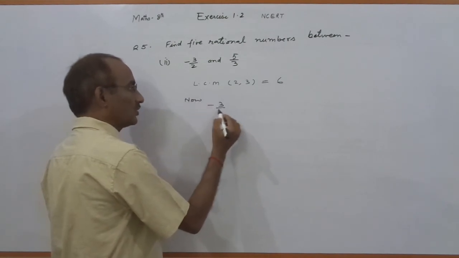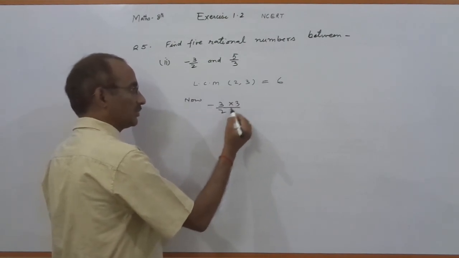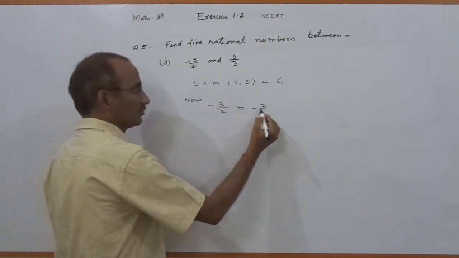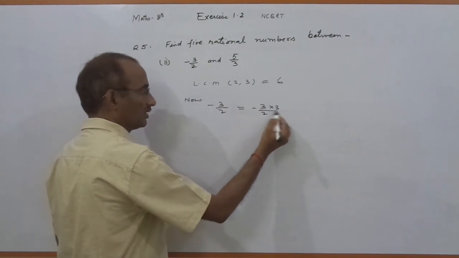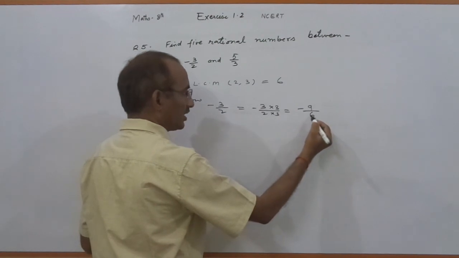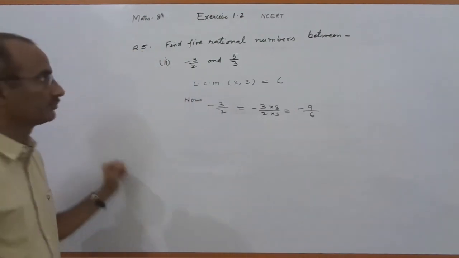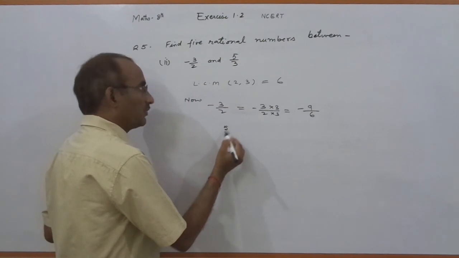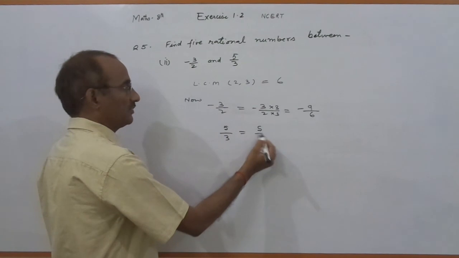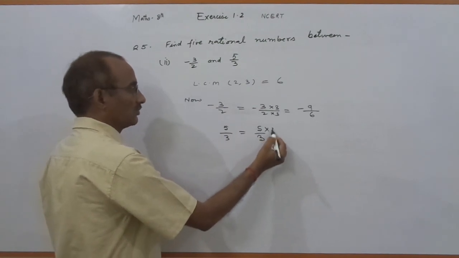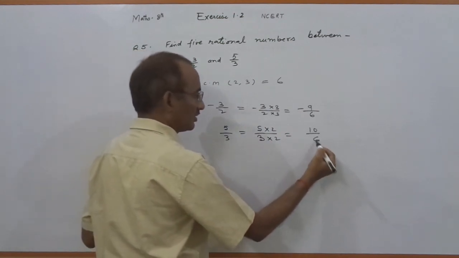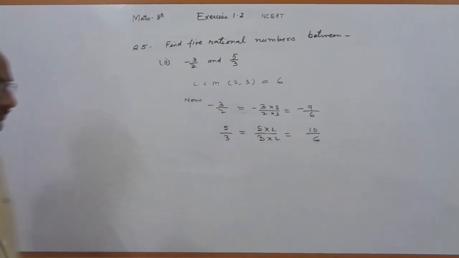Now minus 3 upon 2 is multiplied with 3 upon 3, so we get minus 9 upon 6. And 5 upon 3 is multiplied with 2 upon 2. We get 10 upon 6.